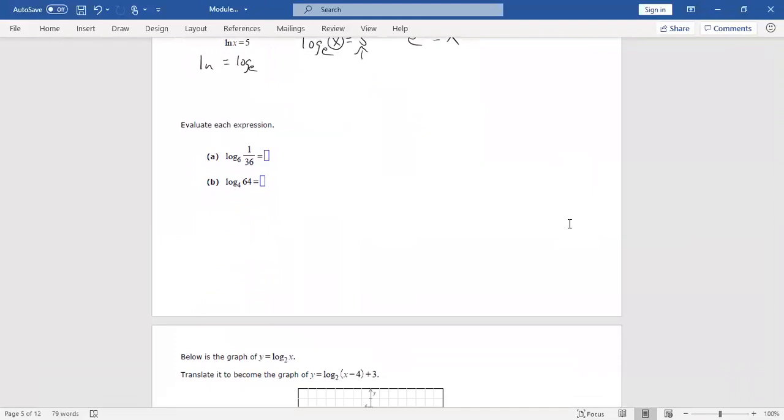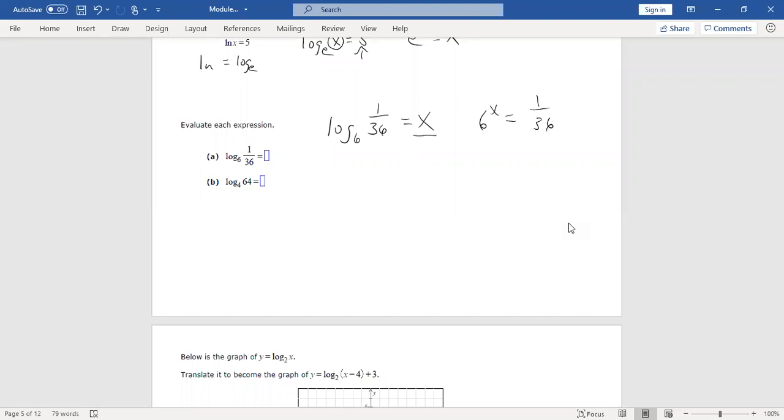So in this case, we have log base 6 of 1 over 36 equals some value. What we're looking for is the exponent. Remember, that's what the logarithm is. So we're looking for 6 raised to some power that is going to give us 1/36.